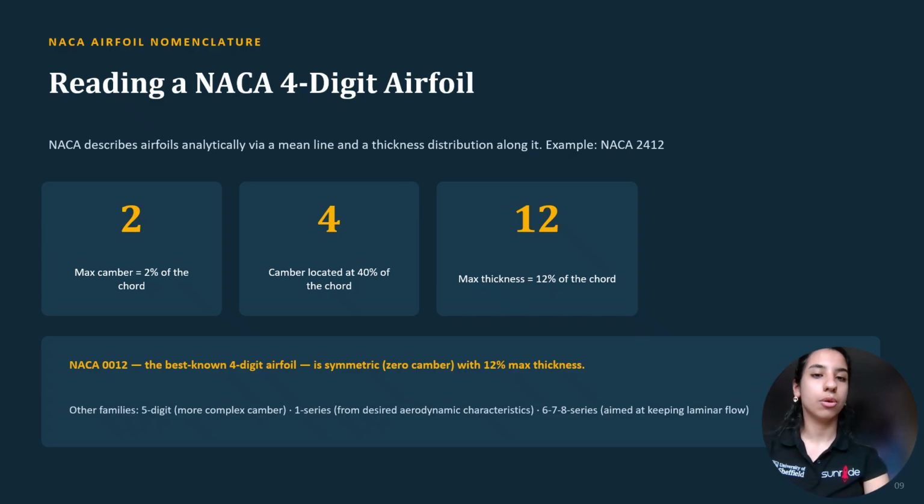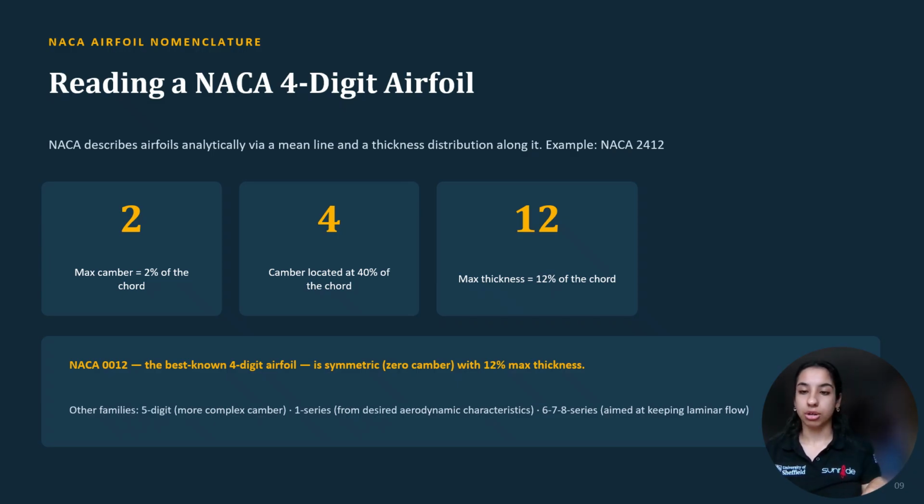We get different structures: the 4-digit, the 5-digit, series 1, series 2, so many of them. You could search them up, but you don't need to know all of them. It's just good to remember them. I bet you learn it in university or whatever you're doing right now.